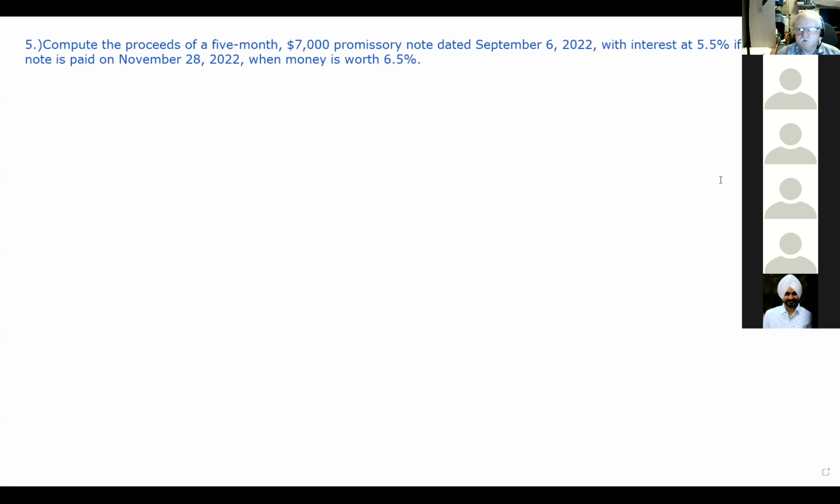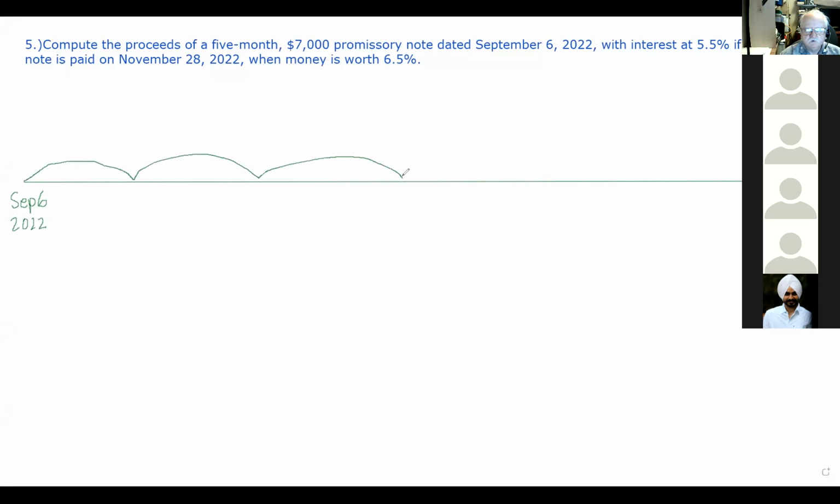We have an original note that we'll have to figure out, and then it was sold. So let's draw a little picture to depict what's happening to this piece of paper. It was dated September 6th, 2022, and it's 5 months. So 1, 2, 3, 4, 5.